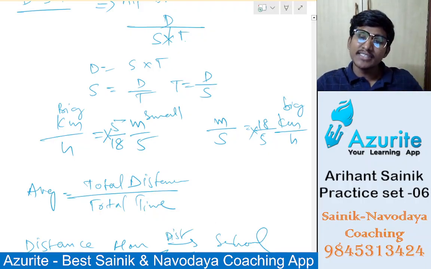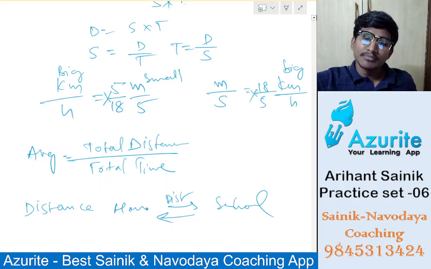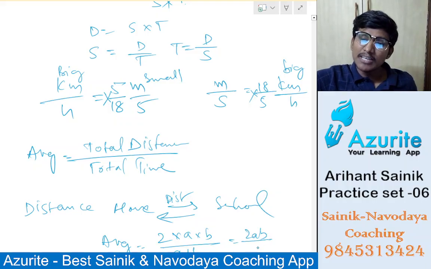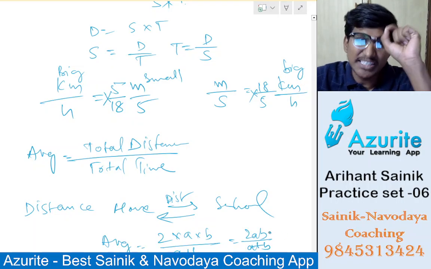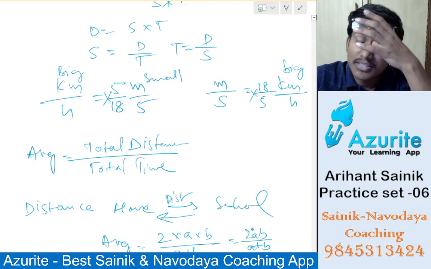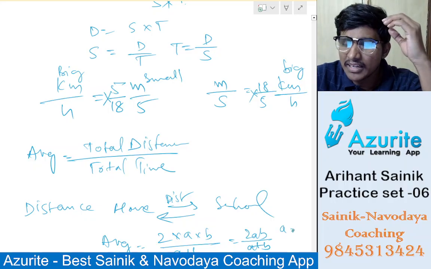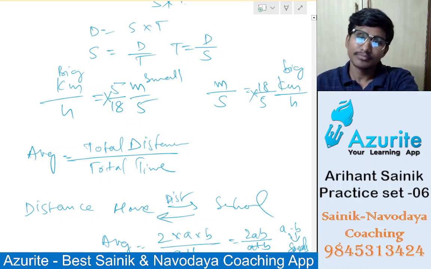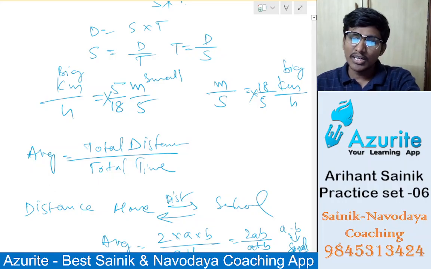In that case, the average speed will be 2AB divided by A plus B, where A and B are speeds. Understood?